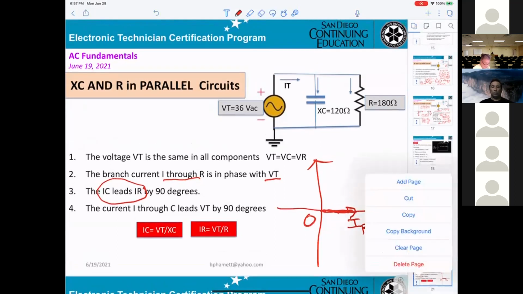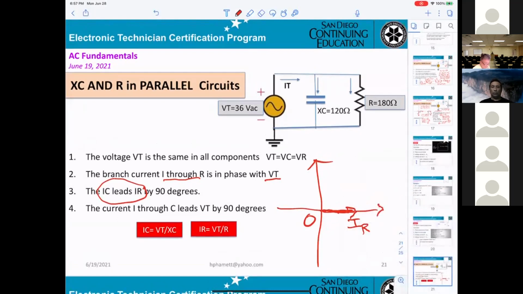Lead means it has to go up. If IR leads IC, then with IR here, IC has to go down.